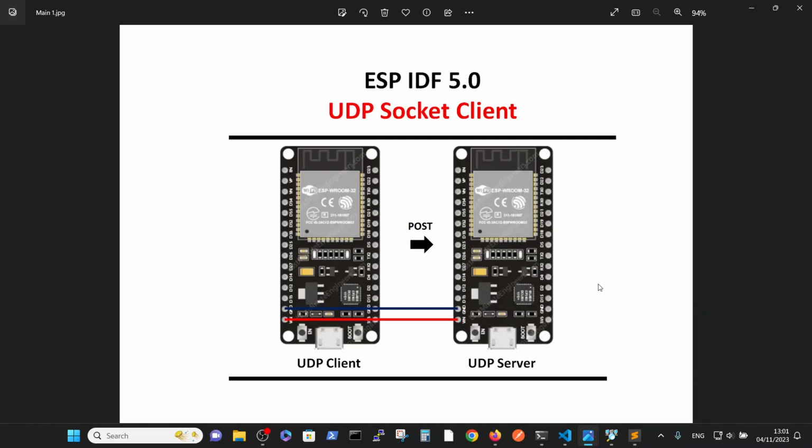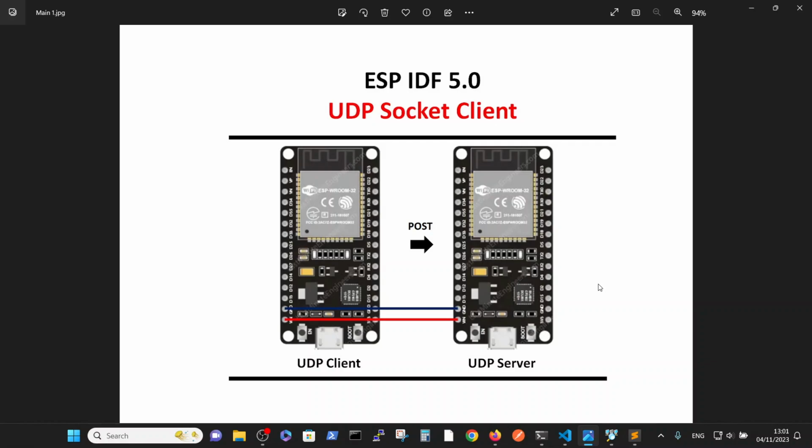Hello, this is our fifth video in the series, and in this video we will talk about UDP client. The same logic as it was explained in the TCP client guides us here.